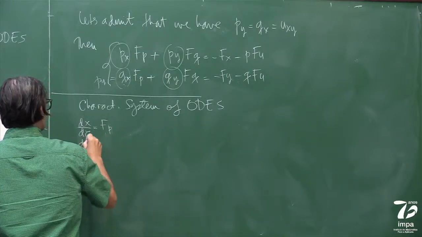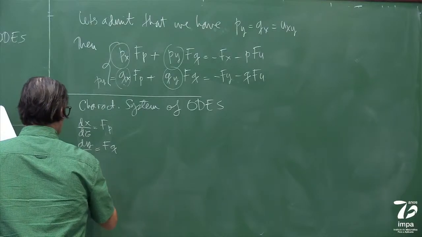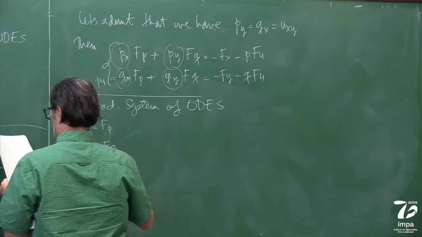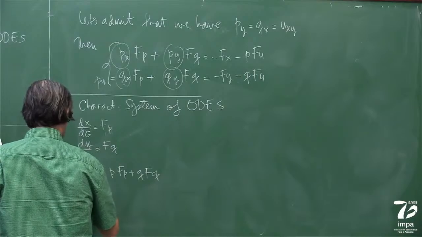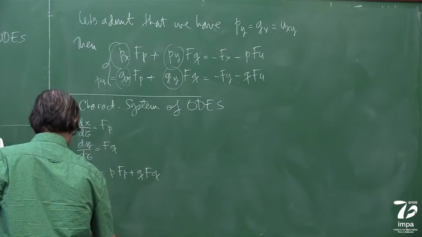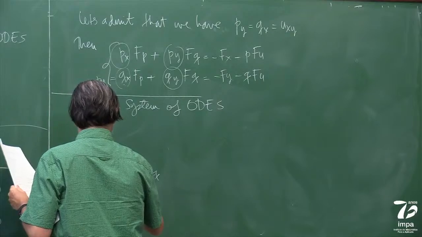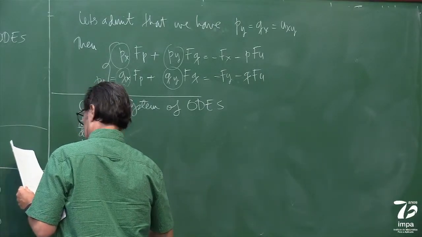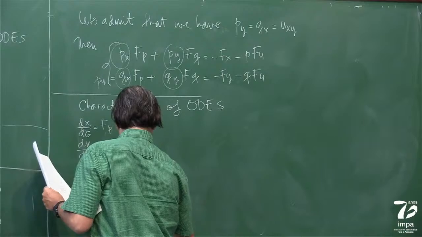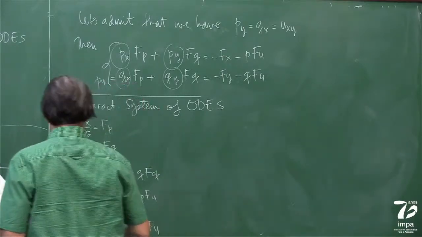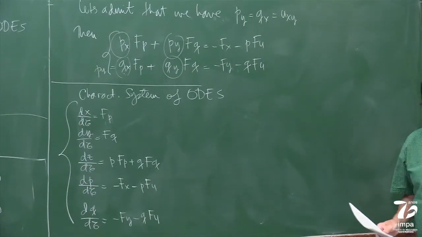FP, FQ, PFP plus QFQ, okay? And these guys come from the calculations we're doing upstairs, okay?